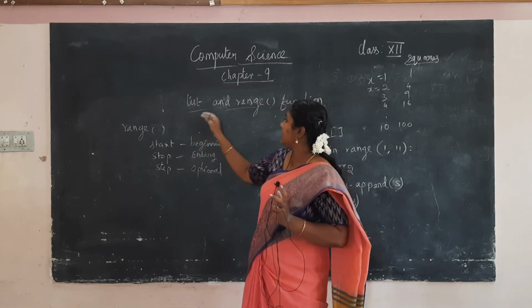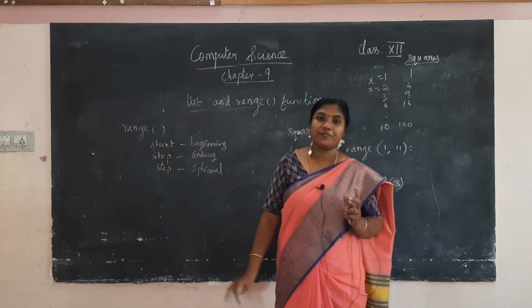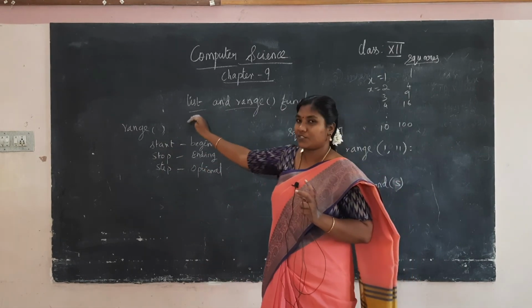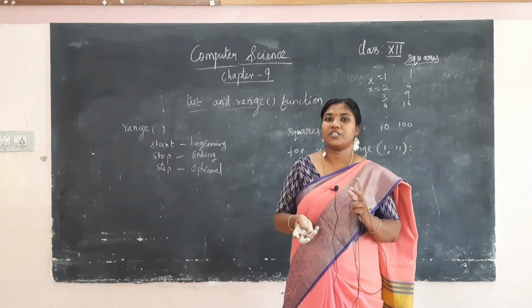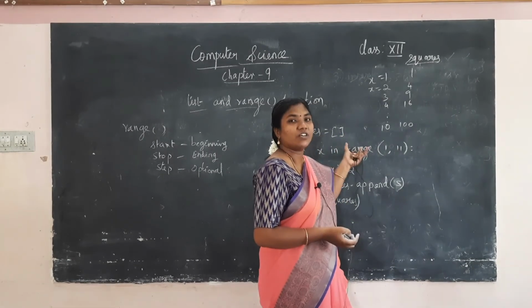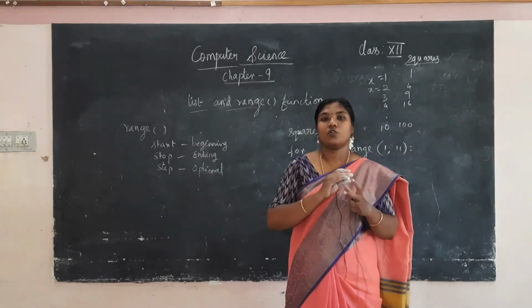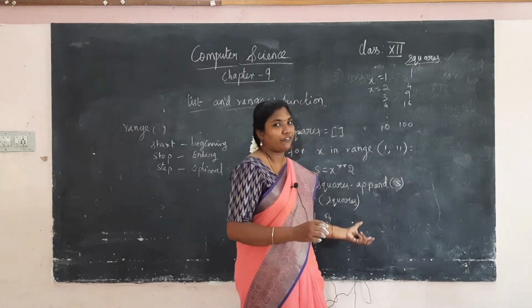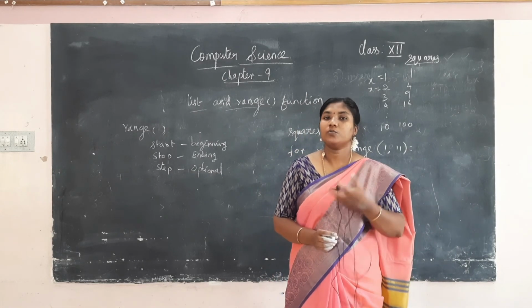So today we have seen the list and range function. You know the range function, how we use it with a for loop. It can be used with the list function also. You can create a list using list and range function, and we can use the empty list and add elements using a for loop. I have created a program for finding the squares of the first natural numbers, 1 to 10.